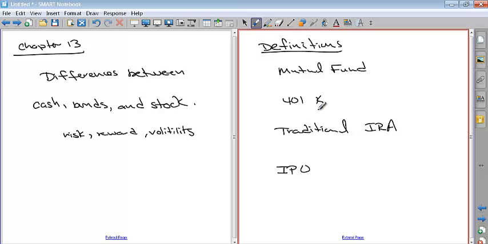And then mutual funds are just a group of stocks, typically representing a certain type of business, or they might be an index fund where they're related because they all belong to a particular stock index, like the Dow Jones or the NASDAQ or the S&P 500.